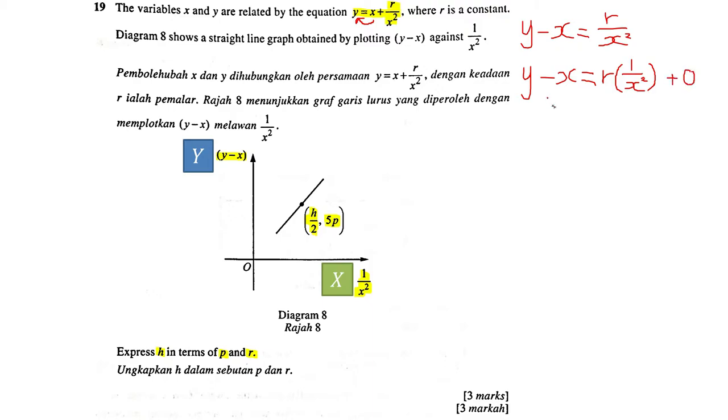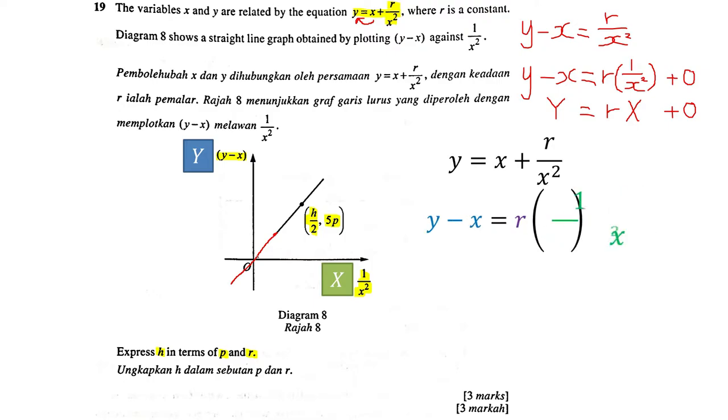Our big Y is y minus x, our big X is 1 over x squared, our gradient is r, and our y-intercept is 0. If you extend your straight line, it will pass through the origin of the graph, where the y-intercept is at 0. That will be our linear form. After that, we can compare the gradient, because from here we can see the gradient is r.